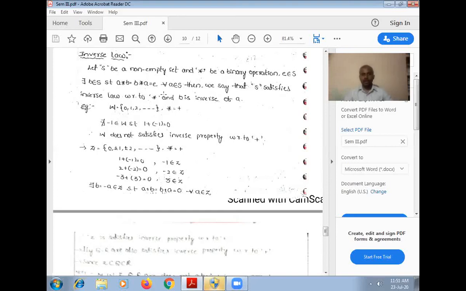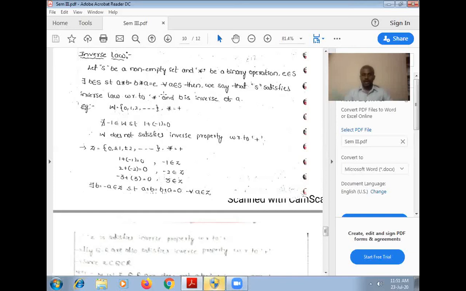For example, here W is the whole number set: W equal to 0, 1, 2, 3 and so on. Now star equal to plus. The binary operation I am taking here is plus. Does there exist -1 belongs to W such that 1 plus of -1 equal to 0? The identity element with respect to addition is 0.